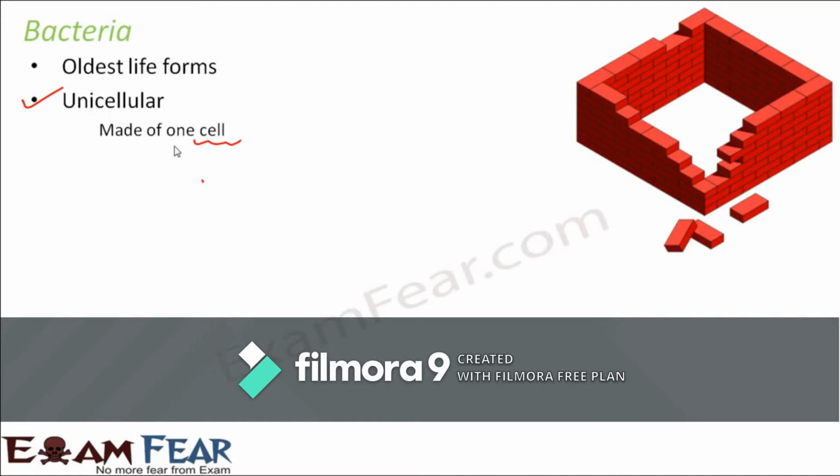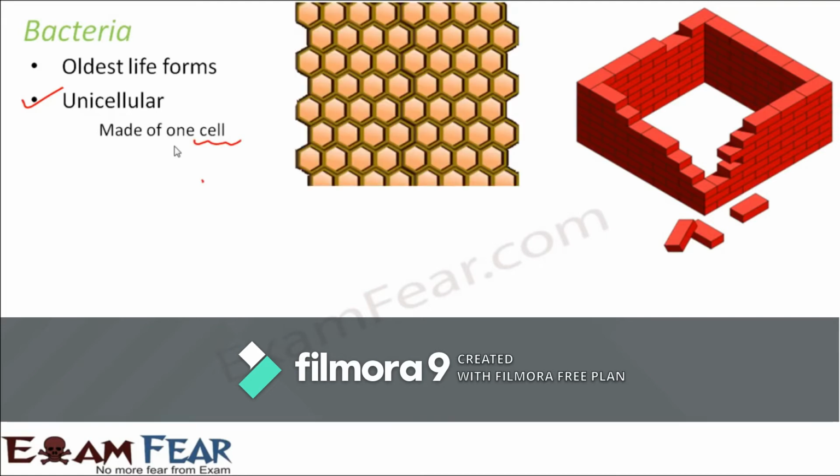In a very similar way, inside every living organism, there are some basic building blocks, and these basic building blocks are called cells. Each building block is a cell, like here you have a brick. There are two types of organism based on the number of cells present. One is unicellular.